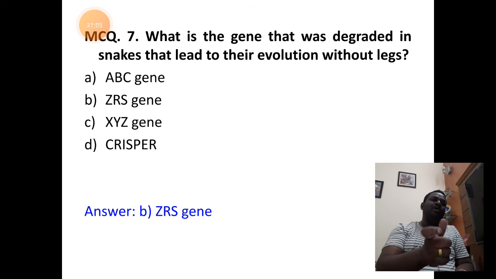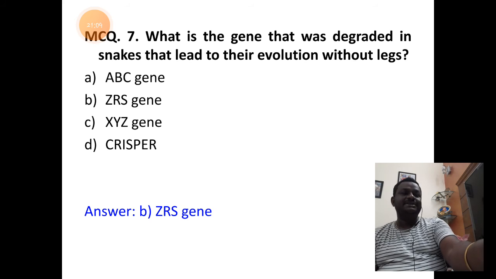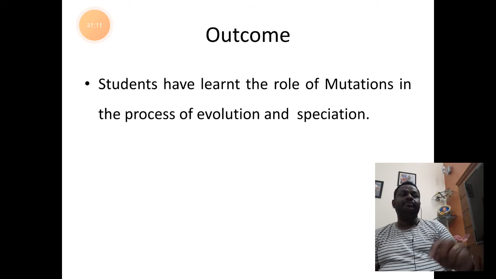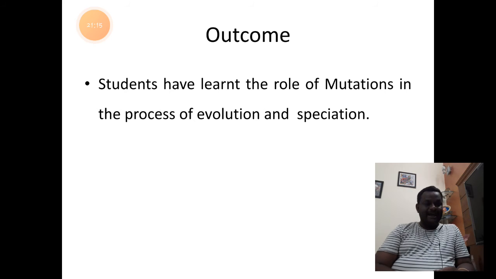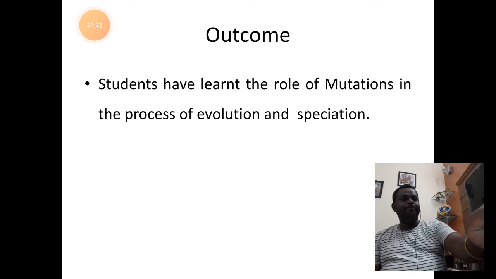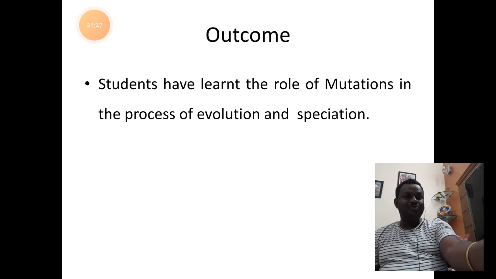So it's a part of the gene which undergoes mutation. So what's the outcome? Students, we have learned that the role of mutations helps in genetic variations that bring in new species. So mutation is a process, a force that helps in the process of evolution.